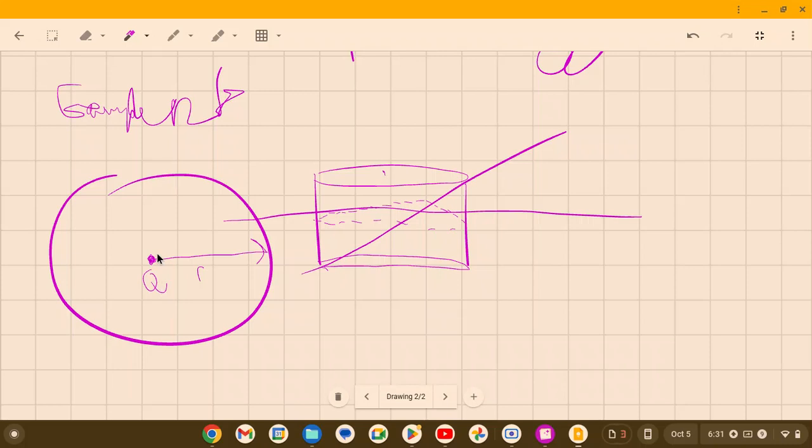And then the outer edge of that is its circumference.